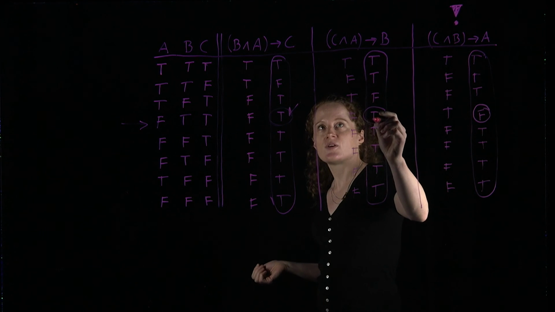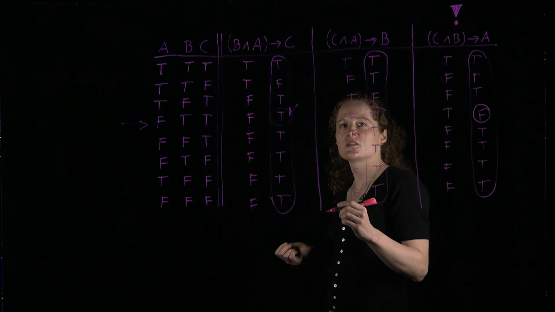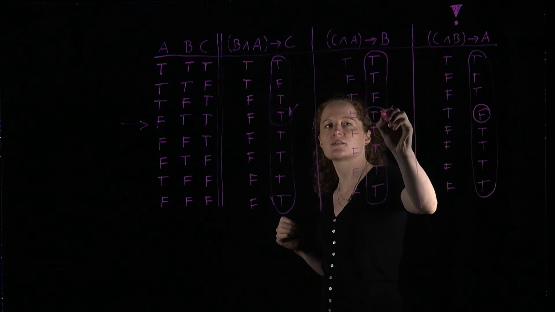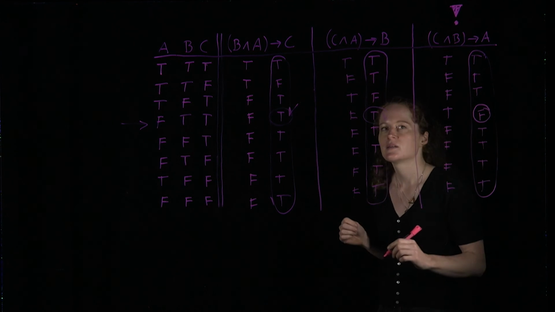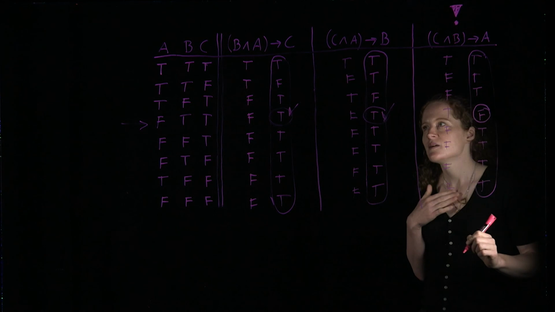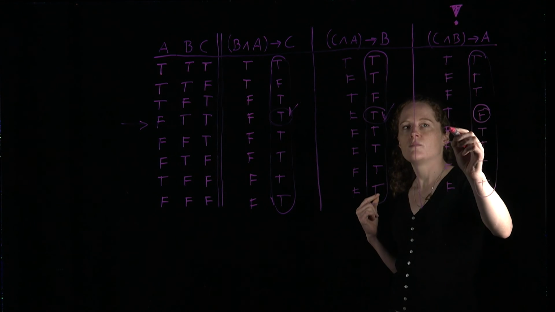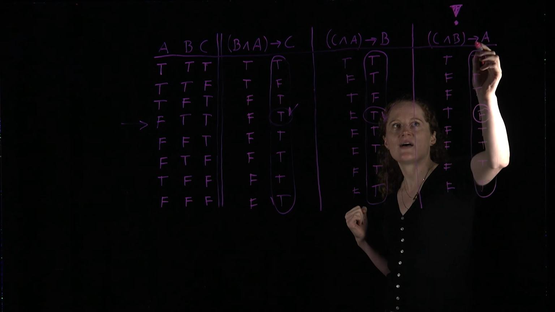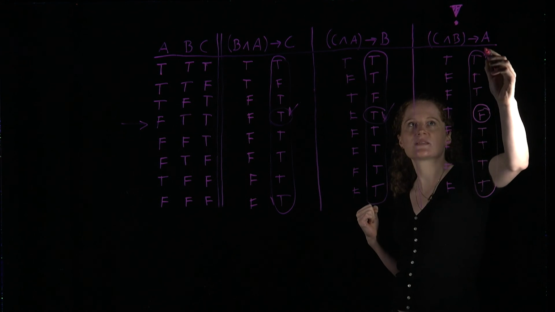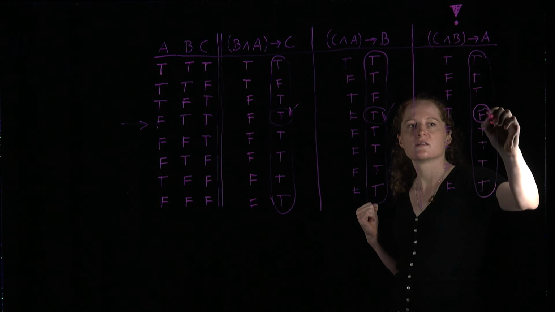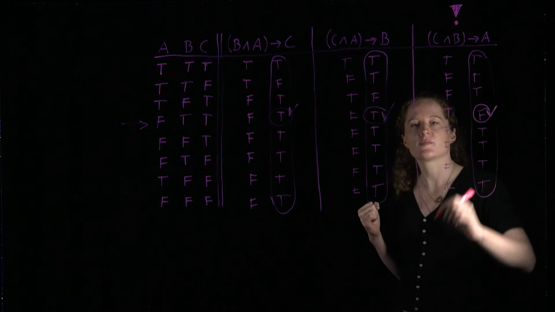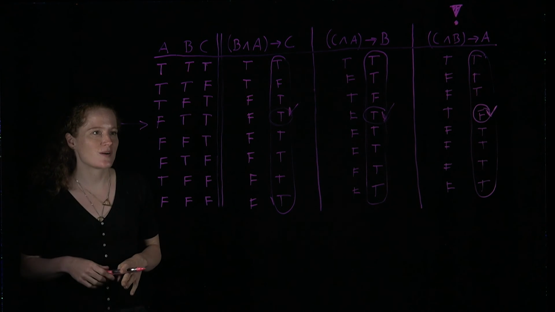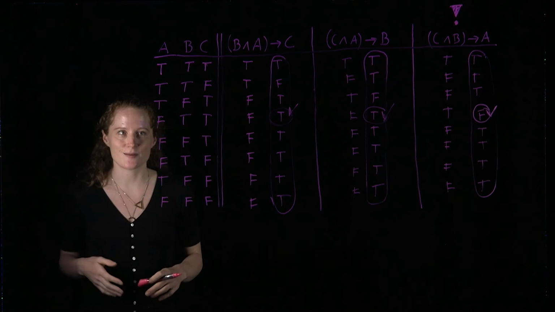Now when A is false, again, the antecedent of this conditional is false, and so the whole conditional is true. So we did come to the right conclusion here. And then finally, when C and B both are true, the antecedent here is true. But if A is false, that means that this conditional is false. And so we also have come to the right conclusion here. So double checking our work confirms the result that we achieved.